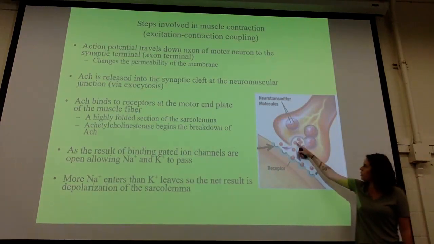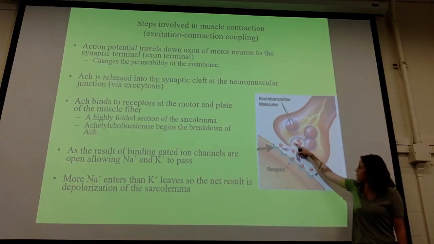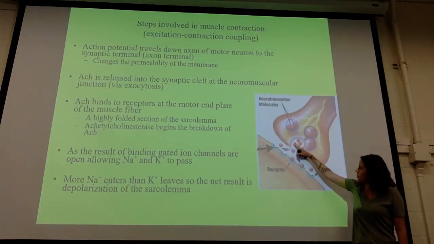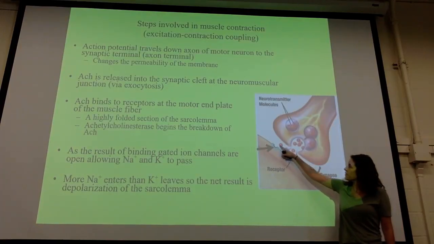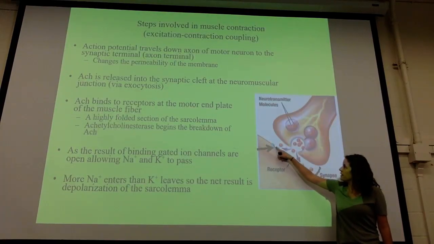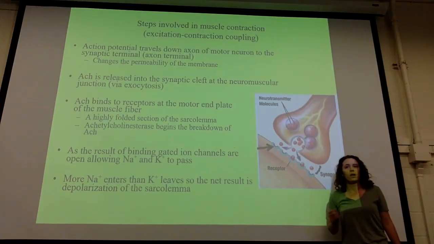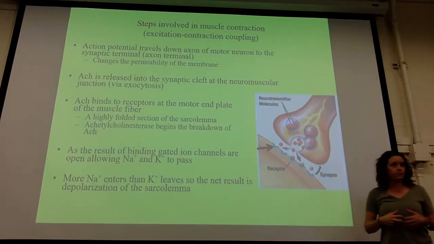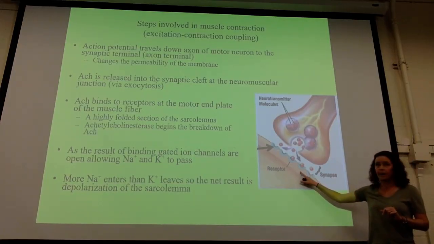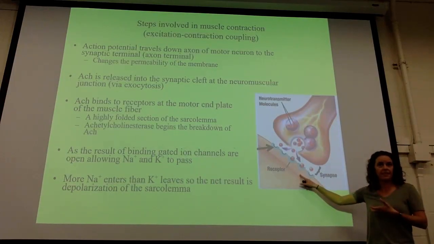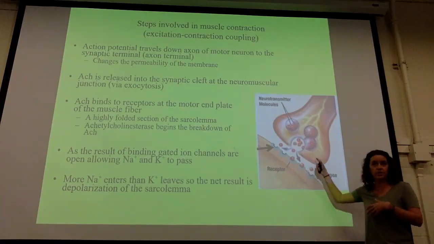So the neurotransmitter acetylcholine has left the motor neuron, traveled across the synapse, and it's going to fit into the receptors on the muscle fiber. At this point, the muscle fiber has now received a signal. This is the communication.